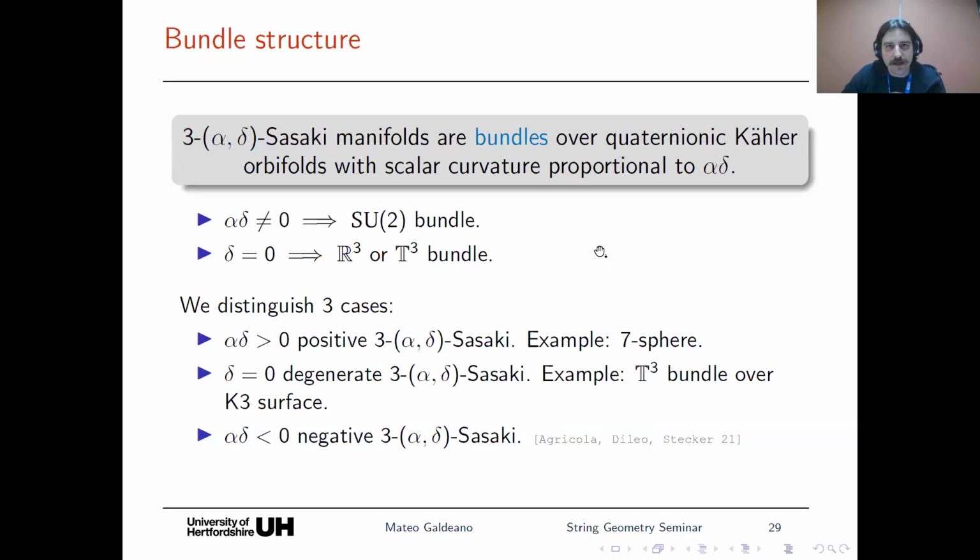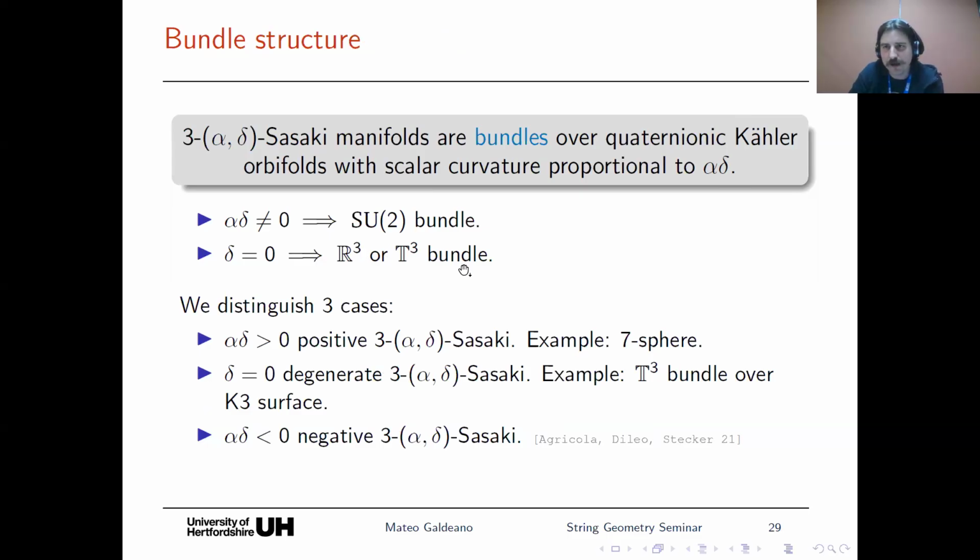And actually, a way to think about these 3 alpha delta Sasaki manifolds is that they are bundles over some quaternionic Kähler orbifolds, where the scalar curvature is proportional to alpha delta. So this immediately tells us that there are 2 possibilities. When alpha delta is non-zero, you have an SU2 bundle, and there's something weird that happens when delta is equal to 0, which is that you have an R3 or T3 bundle.